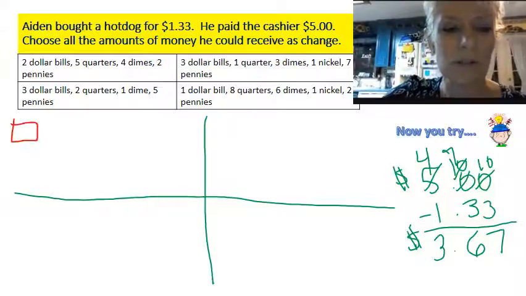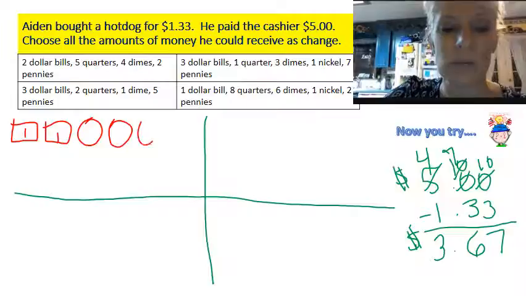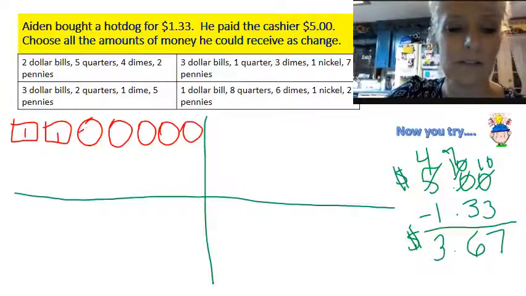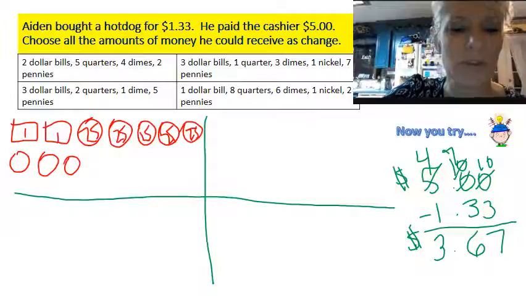All right, here we go. We had $2 bills. We had 5 quarters, 1, 2, 3, 4, 5. We had 4 dimes, 1, 2, 3, 4. We had 2 pennies, 1, 2.